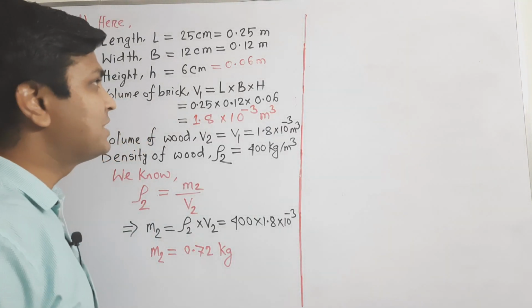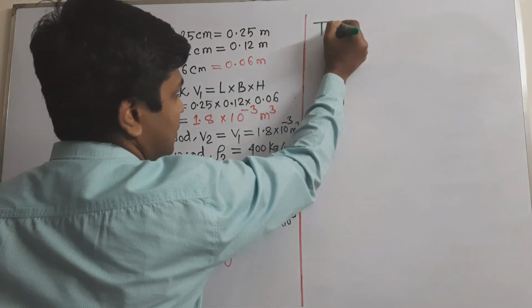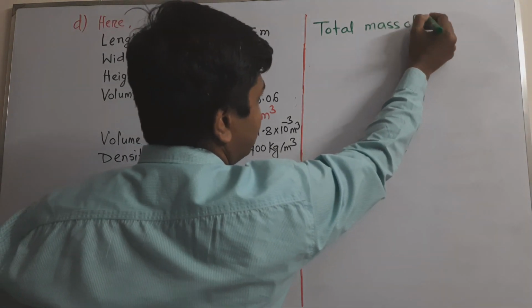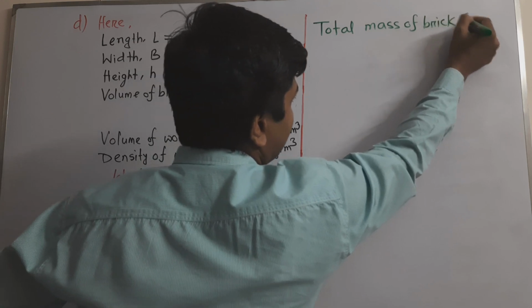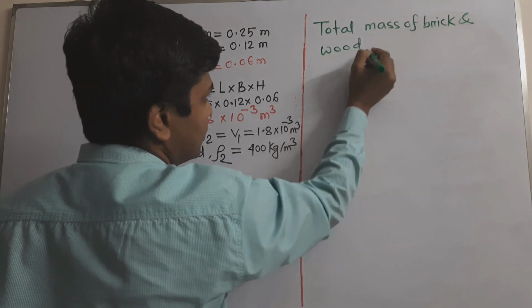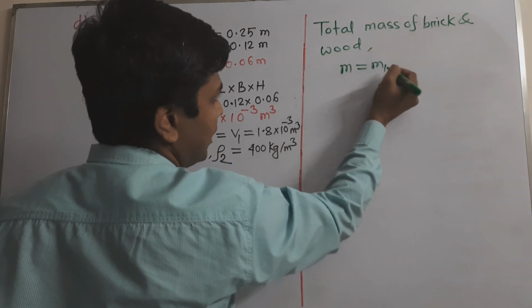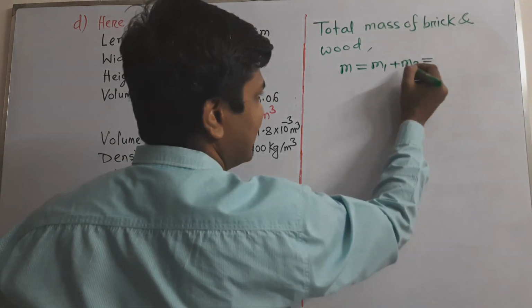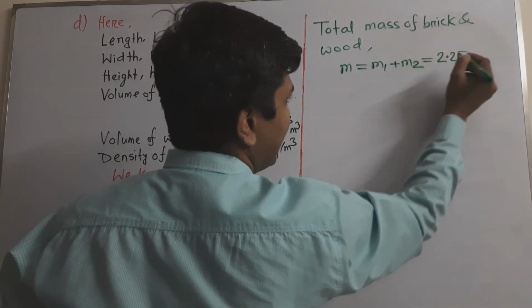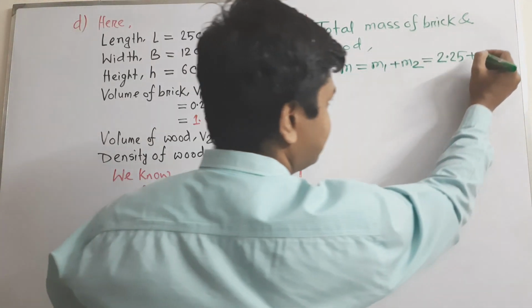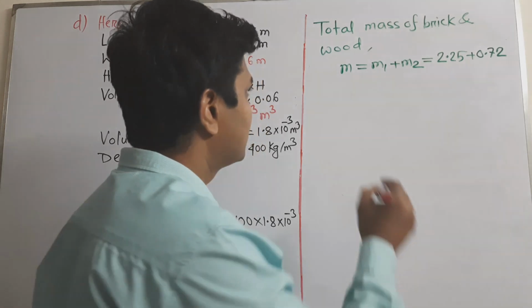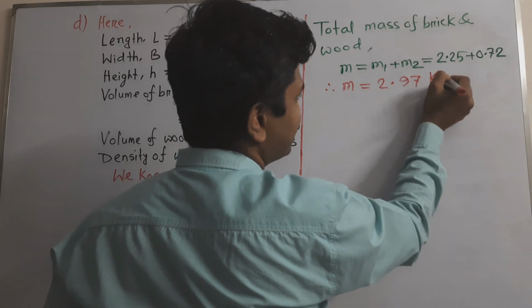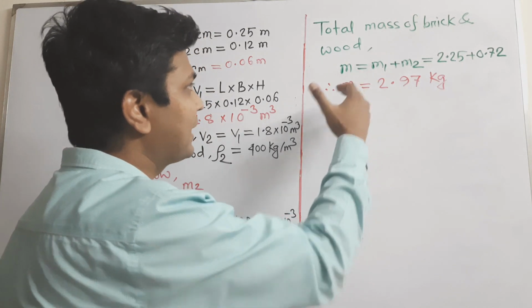Now we can write here total mass of brick and wood, that is M equals M1 plus M2, and value of M1 is given 2.25 and M2 is 0.72. M equals 2.97 kg.